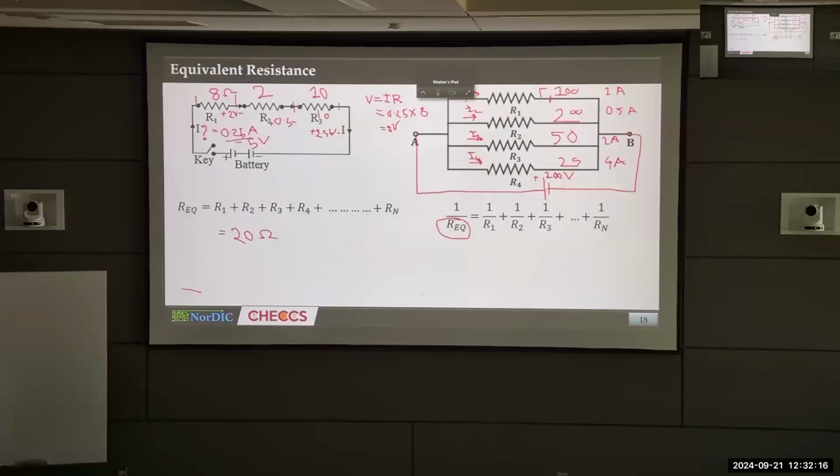The other thing you learn from this exercise is in order for you to have a current, you have to have a closed loop. If it is open somewhere, no current whatsoever. So you need to have a closed loop for the current to go. Those are basic things we learned from this simple example.